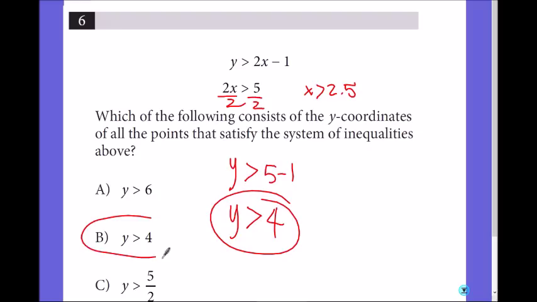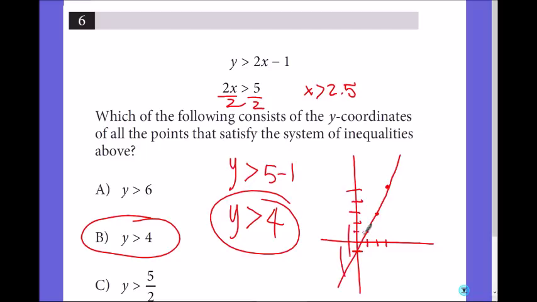Must be greater than 4. Because x must be greater than 2.5, y must be greater than whatever you have there. You can also sketch it, and it will look something like this: up to 1, up to another 1, like this.